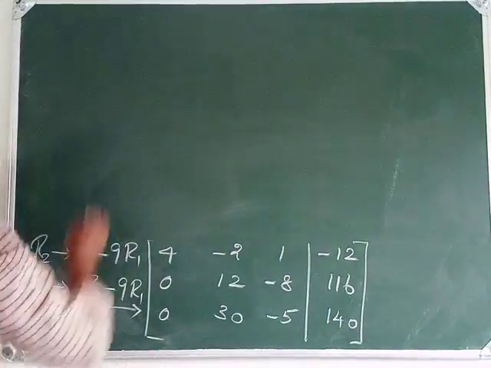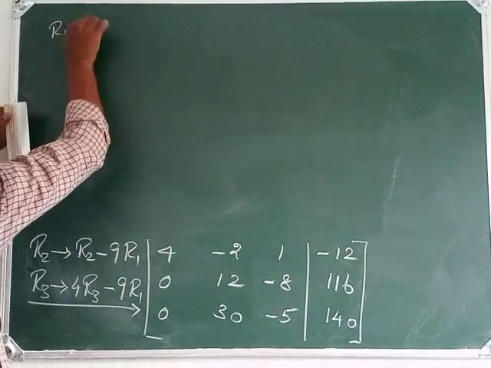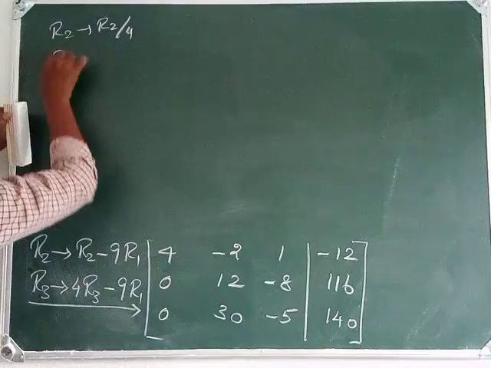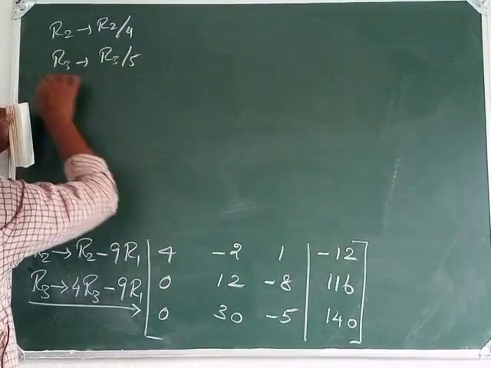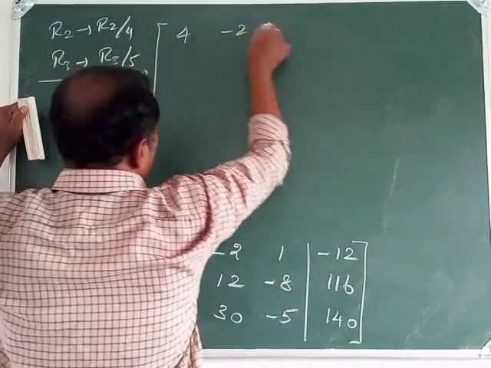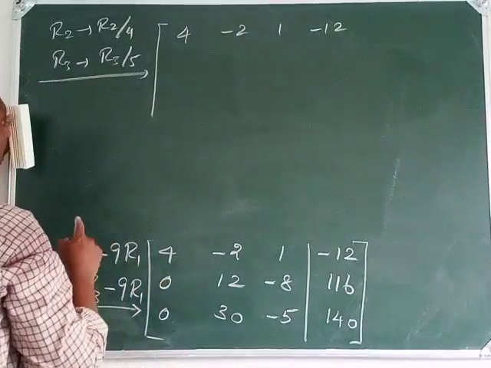And then again, the second row elements are divided by 4, and the third row elements are divided by 5. So 4, minus 2, 1, minus 12. Second row can be divided by 4.